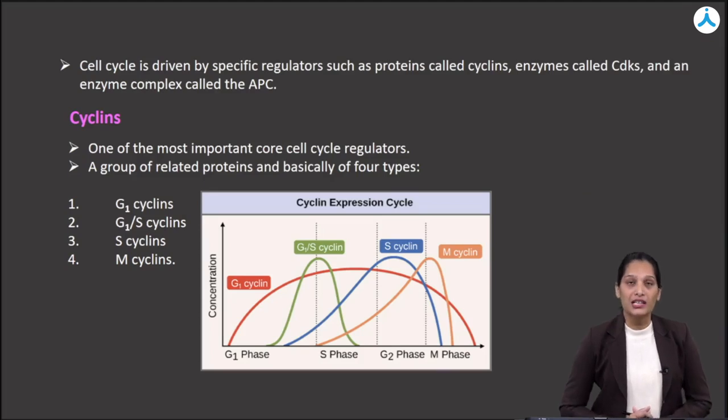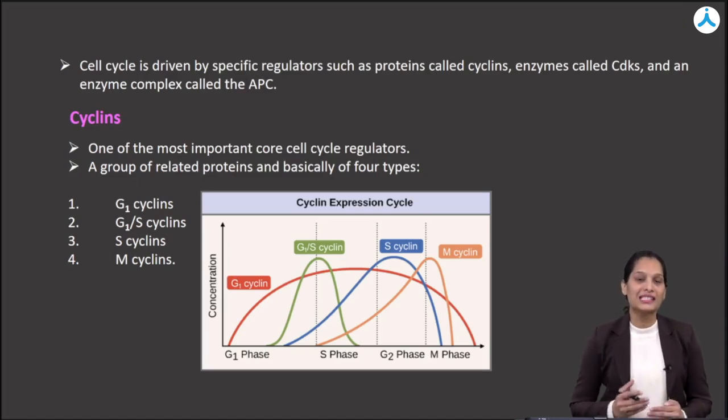These checkpoints are controlled by regulators, which include proteins like cyclins, enzymes like CDKs, and complexes like APC, which stands for anaphase promoting complex. What are cyclins, CDKs, and the APC? Cyclins, as the name indicates, form with every cycle.